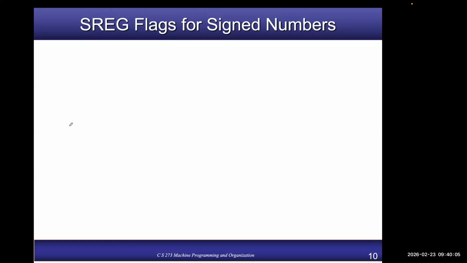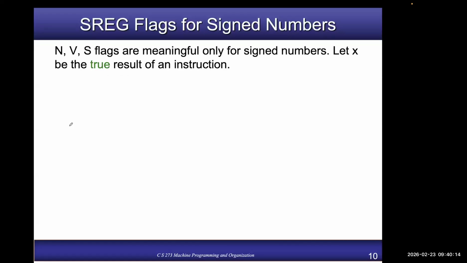I will show you why the carry flag doesn't give you the correct information when comparing signed numbers. I will show you in the later slides, but for now, you can trust me. In a couple of slides, I will explain it. So when comparing signed numbers, the C flag is not enough.